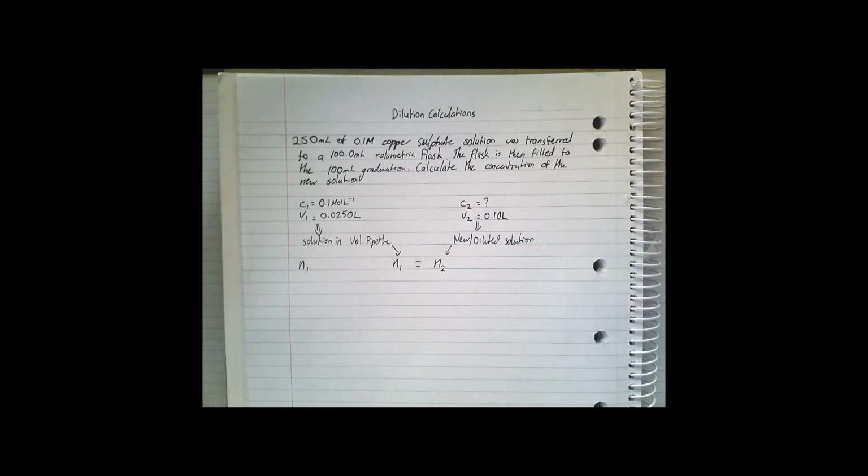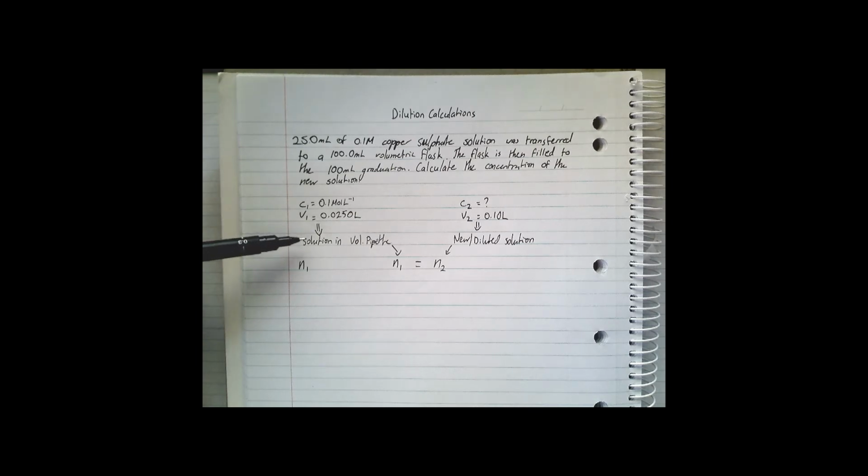the number of moles of copper sulfate in the new or diluted solution. Now, the reason is, in the new flask, the only source of copper sulfate particles is from the volumetric pipette. Because remember, with the new diluted solution, what we're doing is mixing the solution that was in the volumetric pipette, the 25 mL of it, and the remaining part of the mixture is simply water.